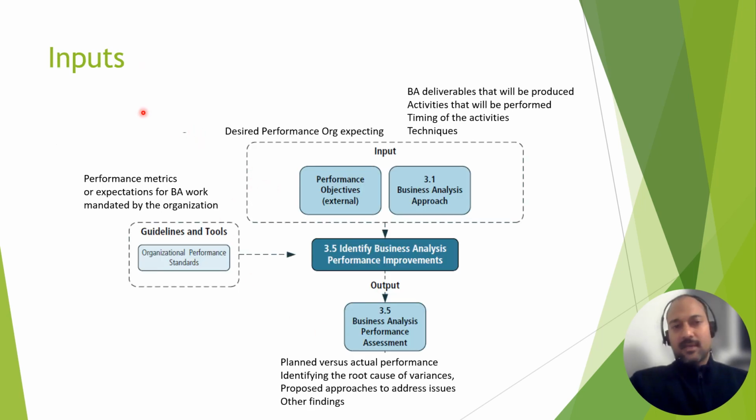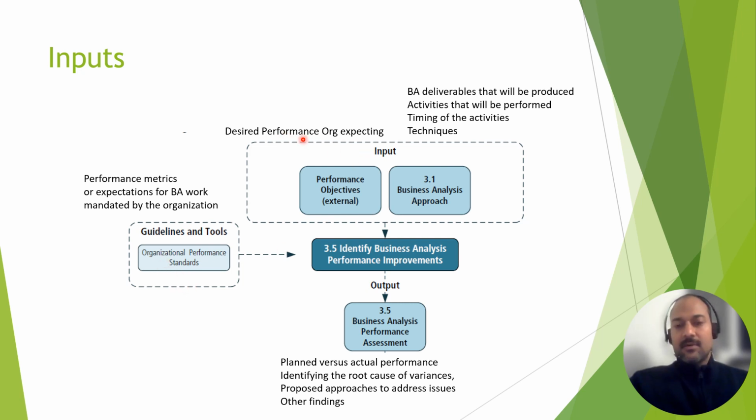So let's talk about the inputs to this activity, which is identify business analysis performance improvement. We have three inputs. Two act as proper inputs here: performance objective external and business analysis approach. And we have guidelines and tools, which is organizational performance standards.